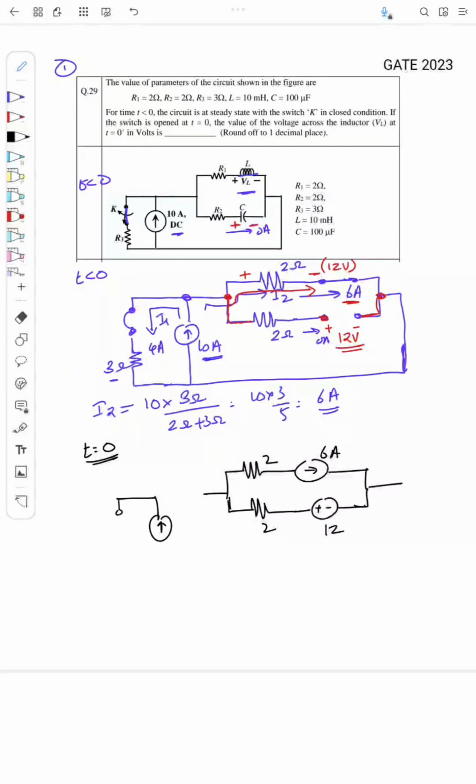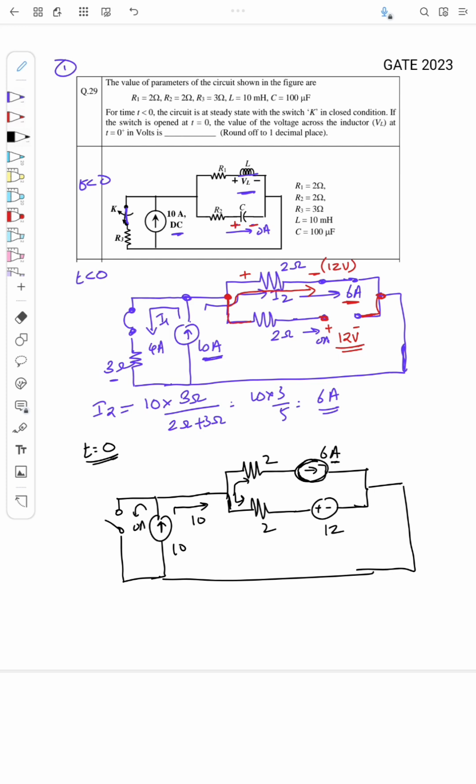The switch K is now open circuited, so when the switch is open circuited, what happens? This current is now 0 ampere. So the entire 10 ampere current will flow like this, and this will be split across these 2 arms. But we know the inductor won't allow the current flowing through it to change instantaneously. It will try to maintain the same 6 ampere flowing through it. So that's why, instead of this inductor, I have drawn a 6 ampere current source.